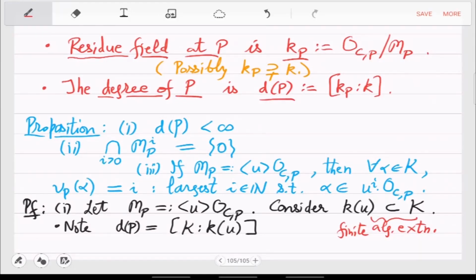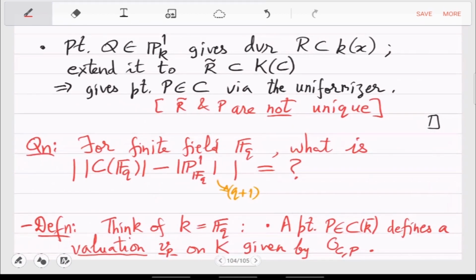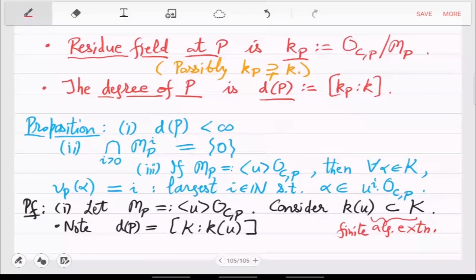And then these objects O_P, M_P are actually coming from K bar. But let me clarify this next time. I will not need the degree thing anyways today. So let me skip these details for now. Let's move to the second property.